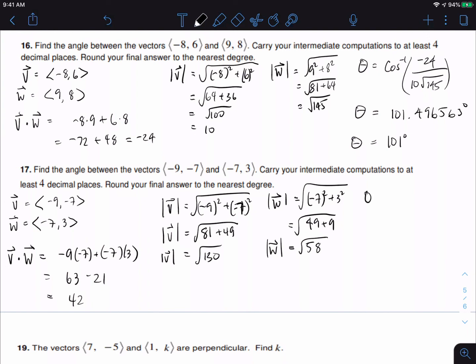And so my angle should be cosine inverse of 42 over the square root of 130 times the square root of 58. And let me see what I get on my calculator.